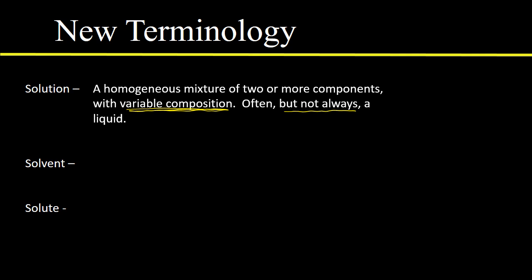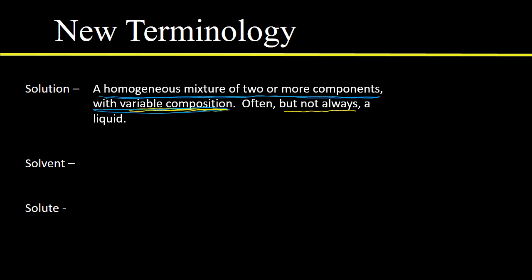However, based on this definition here, that definition is a bit broader, and so that does actually include mixtures of gases or even mixtures of solids. So you can have solid solutions or gaseous solutions.